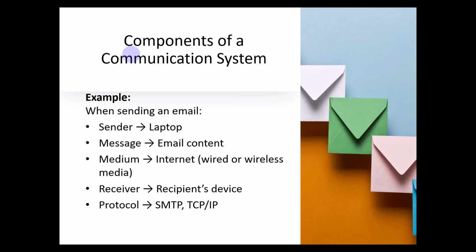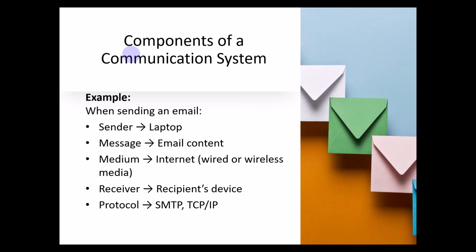So we have an example here to explain the components of a communication system. For example, when you want to send an email to your friend, your laptop becomes the sender, that is the device. The message becomes the content of the email that you are sending, and then the medium. Is it over the internet? Yes, if it's over the internet, then it can pass through wired channels, or it can pass through wireless channels. If it's on your local area network, it's the same thing.